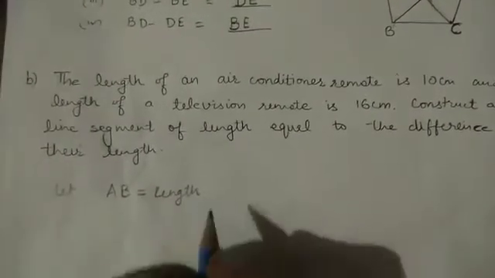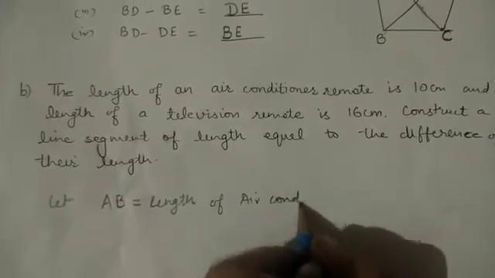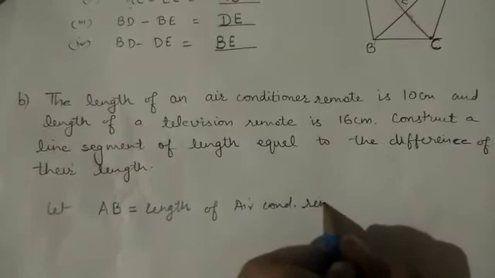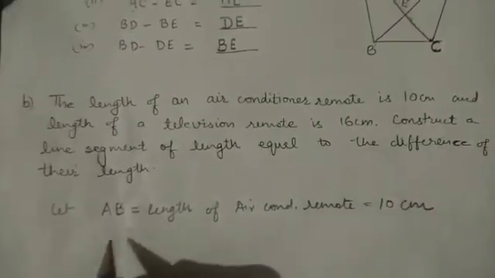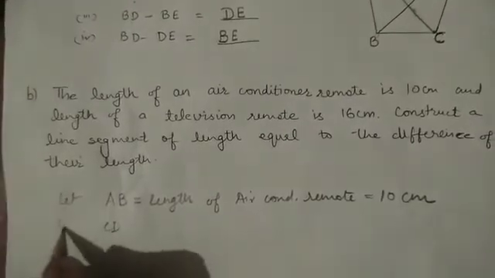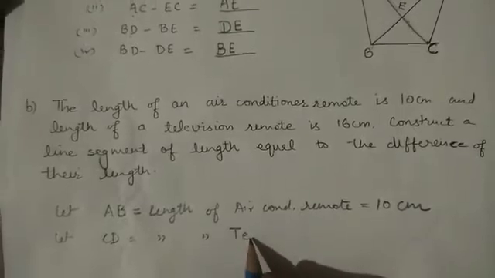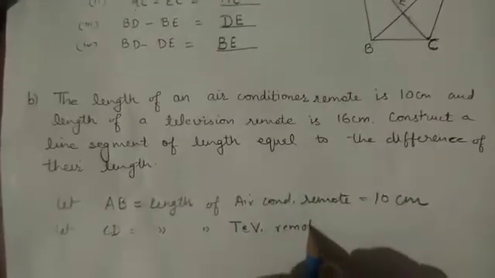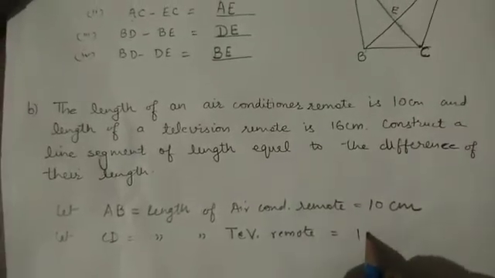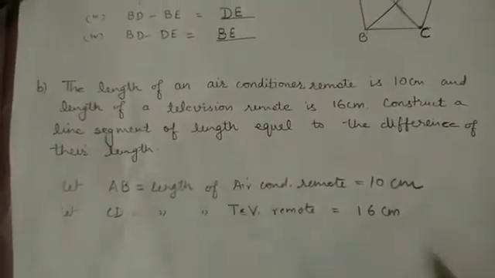Let AB is the length of air conditioner remote and that is given to us 10 centimeter. Now suppose CD is the length of television remote. I am writing it TV. It is given to us 16 centimeter.